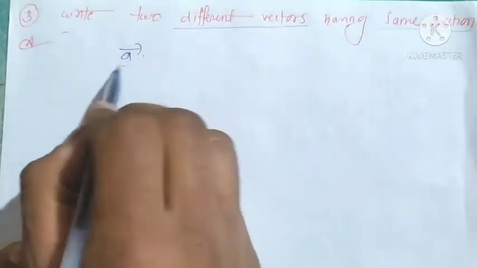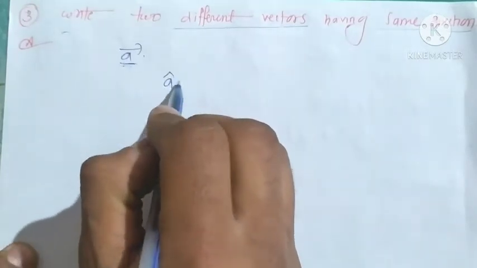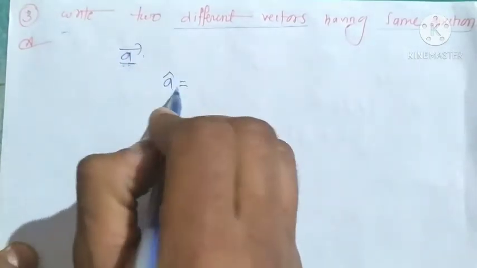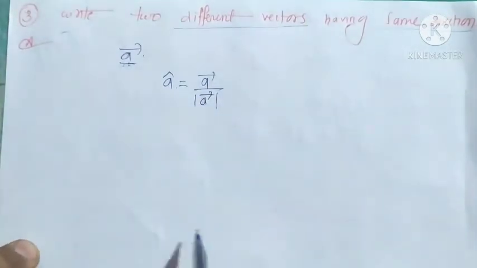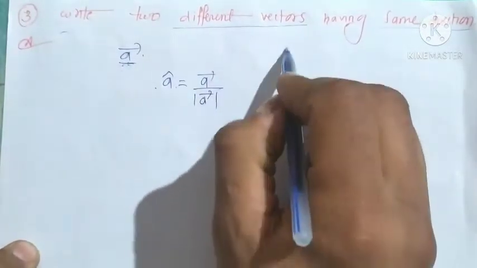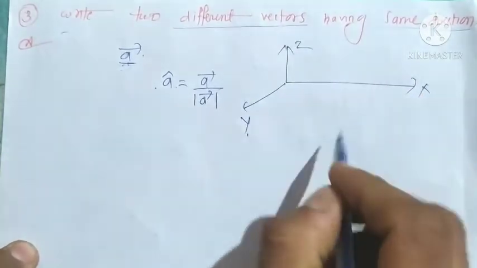So firstly we find the unit vector of this vector. How do we find the unit vector? Vector A upon magnitude value of vector A. Here we already know that this is the x-axis, this is the z-axis and this is the y-axis.